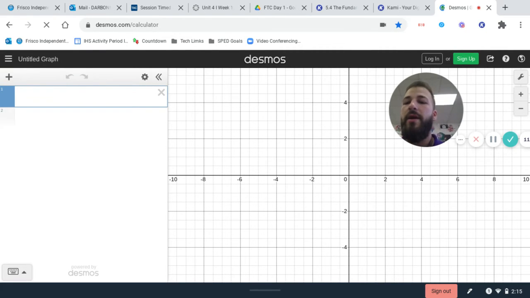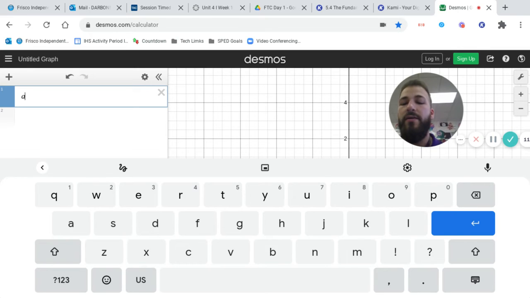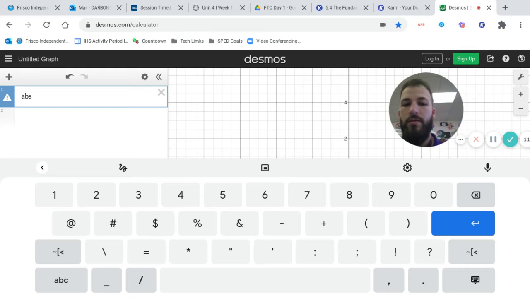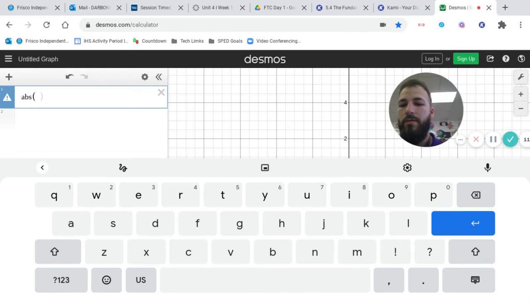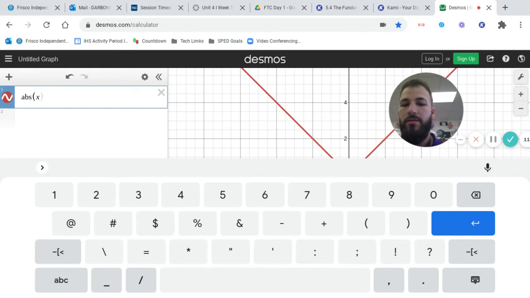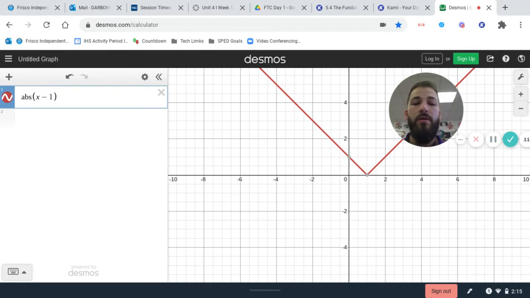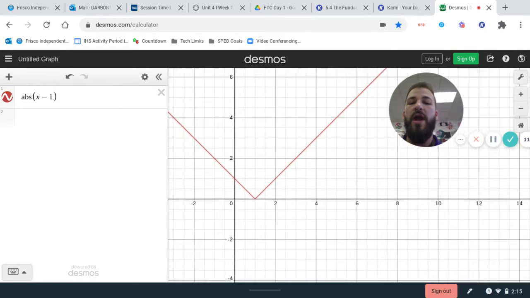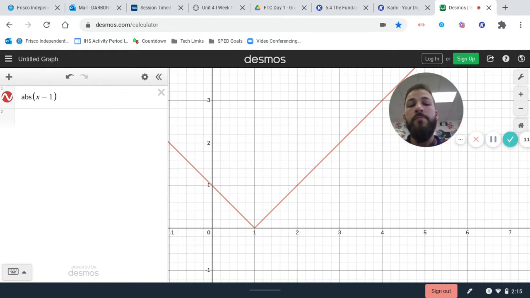All right, and I'm going to go ahead and graph the absolute value of x minus 1 so you can see this. All right, so this is our graph of the absolute value of x minus 1.